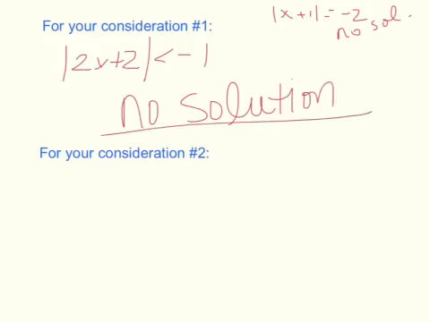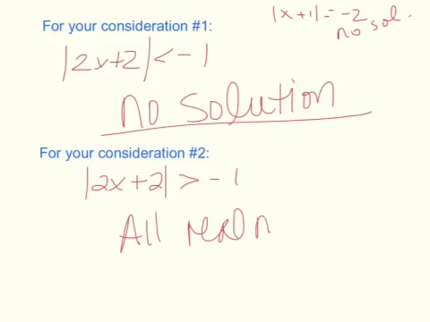The second thing to think about is if we have the absolute value of 2x plus 2 is greater than -1. Okay, so the absolute value of something, we want it to be greater than a negative number. So that would be all real numbers, because the absolute value of something should be positive. So it should always be greater than -1. So any number you plug in here should give me a positive number, which would be greater than -1.